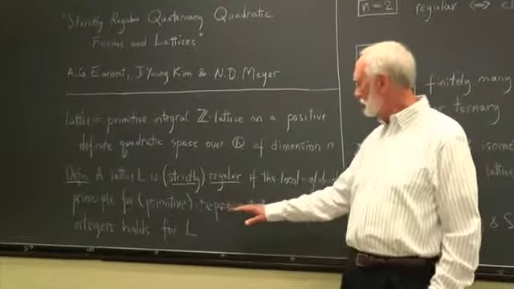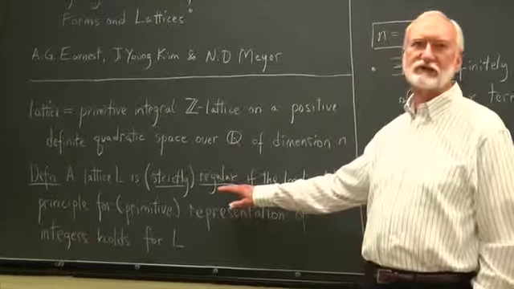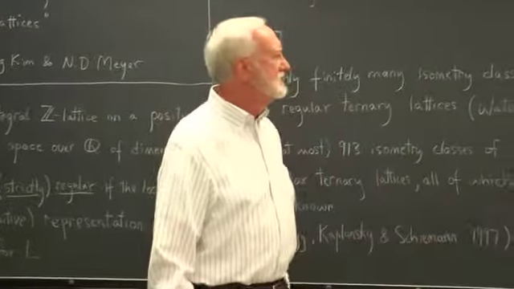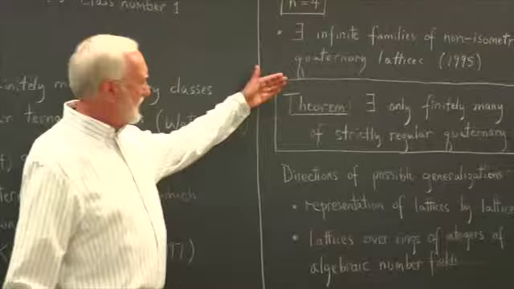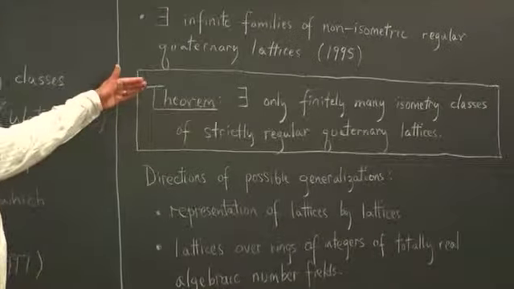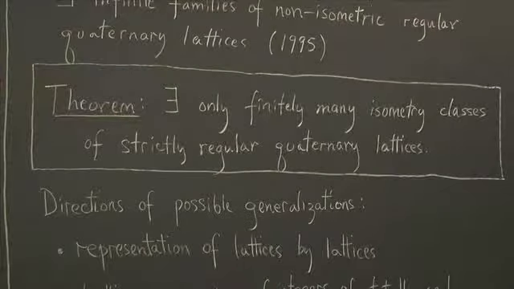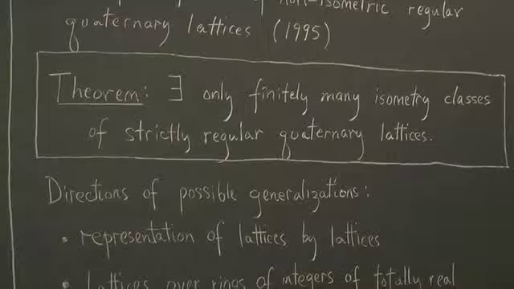That gives a stronger property that Watson referred to as strict regularity. The main theorem of our paper then is that there exist only finitely many isometry classes of these strictly regular quaternary lattices.